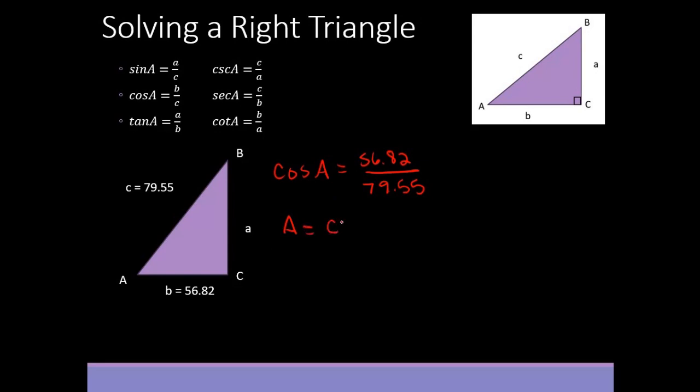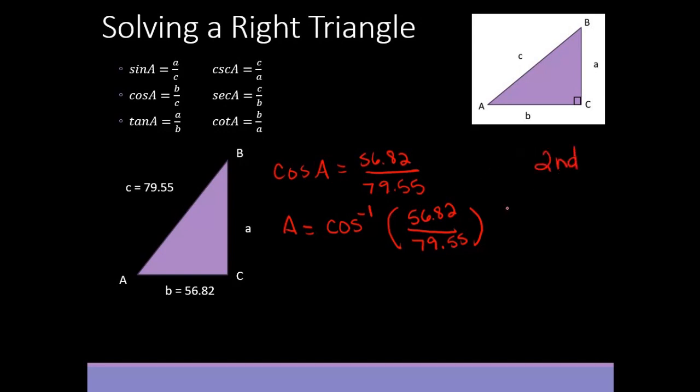We're going to do what's called inverse or arc cosine. And there is a button on your calculator that lets you do the little thing above cosine that has the -1. So it's called second.